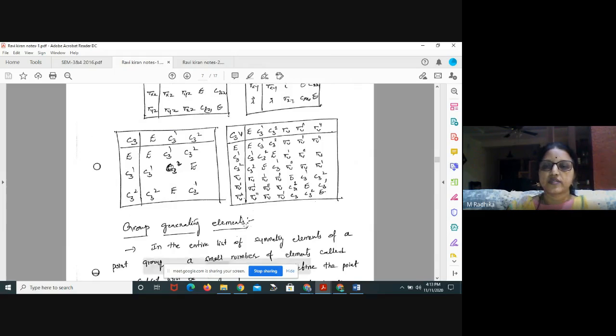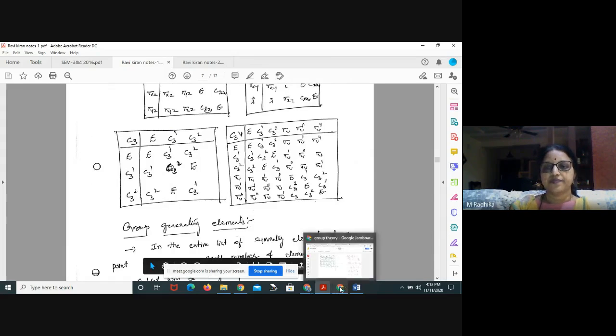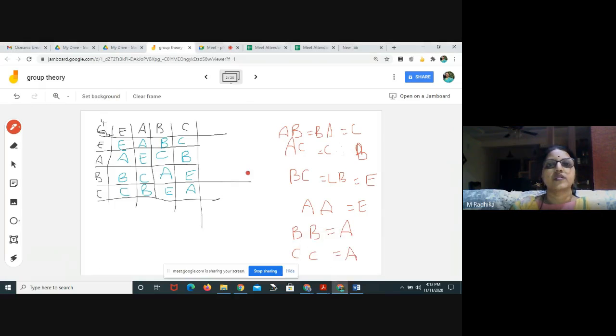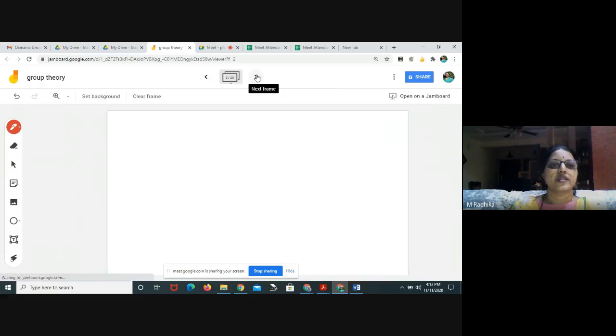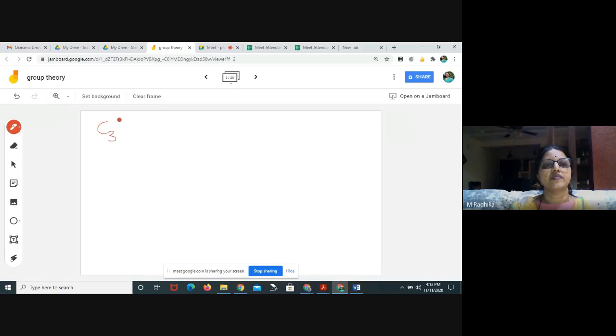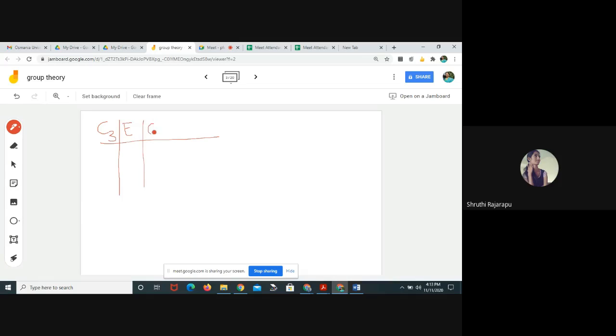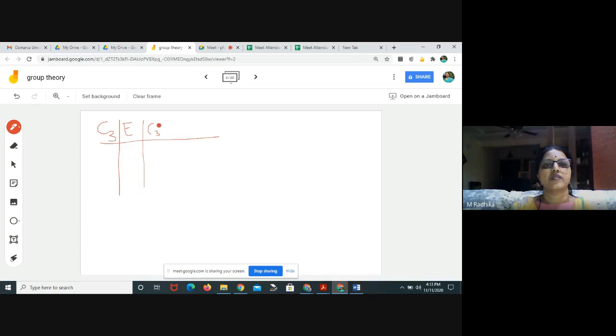So I'll just go to the whiteboard again. I'll take the example C3. What are the elements I have? The identity is the first one we have to write. Identity, C31, C32.